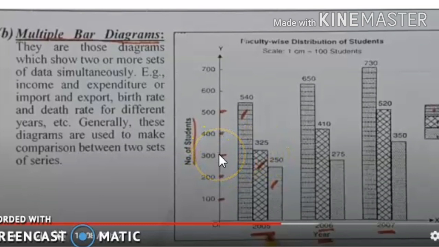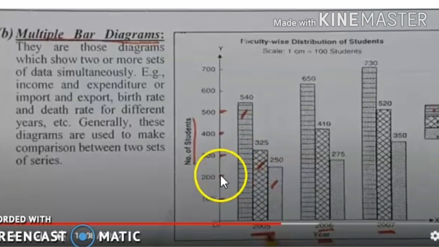You have to just mark a point and calculate by 300, 310. One dot you mark 310, next dot you mark 320, then a light gap you can mark 325.